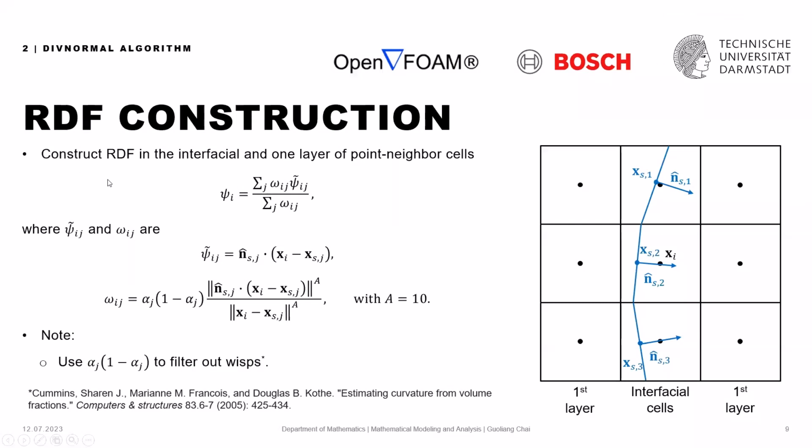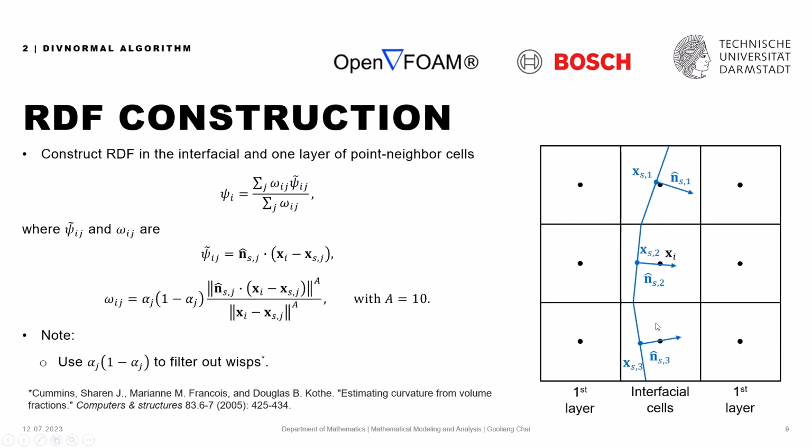First, we also need the plate information to calculate RDF, but we calculate in a different way. We calculate using an averaged sum. So these are the cells that contain a plate surface, plate normal and plate center.